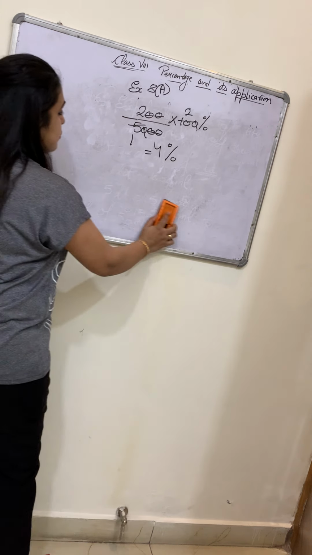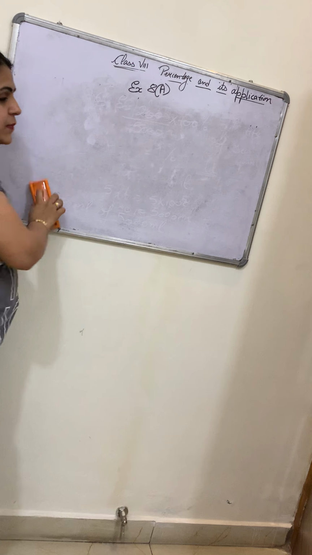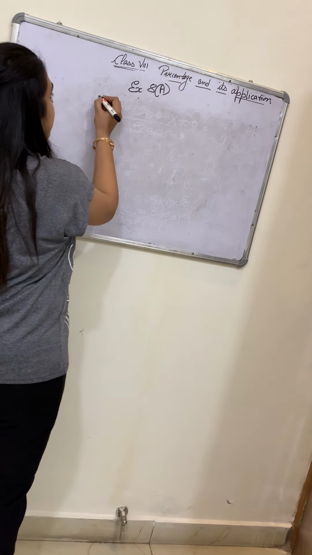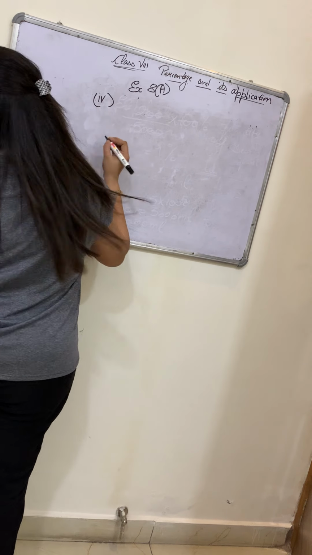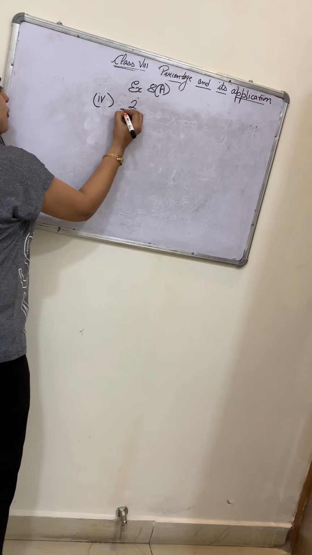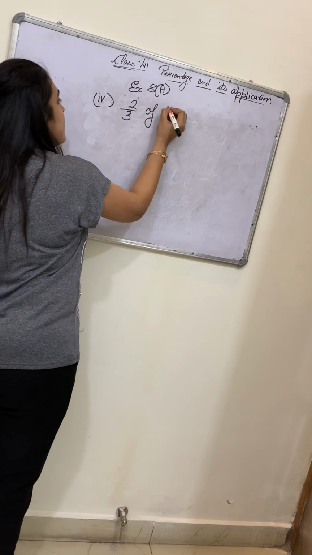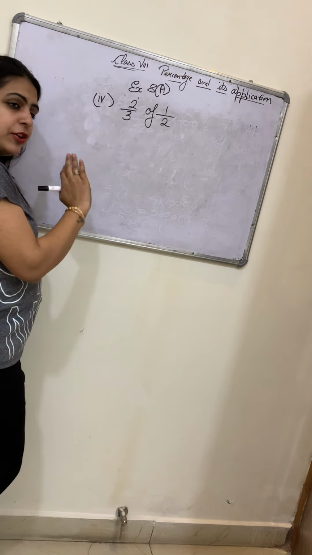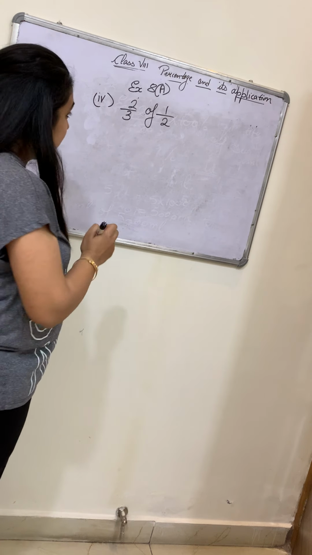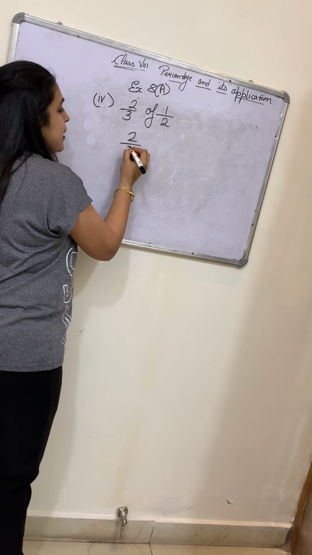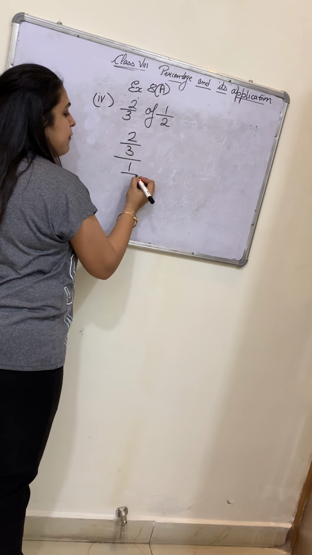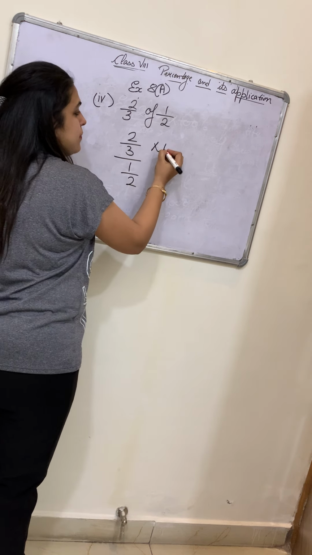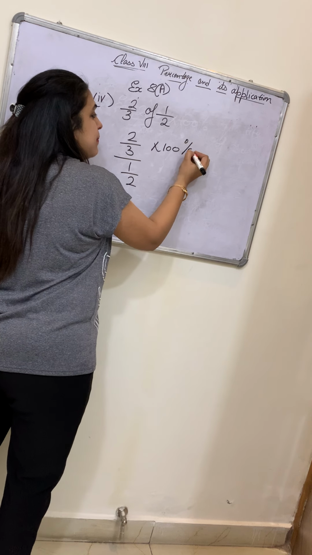Next part we are going to do for this question is the fourth part. This was the second part. Next one is the fourth part, that is 2 upon 3 of 1 upon 2. इसमें कोई यूनिट नहीं है, so we are going to solve it directly. 2 upon 3 और डिनोमिनेटर में आ जाएगा 1 upon 2, into 100%.